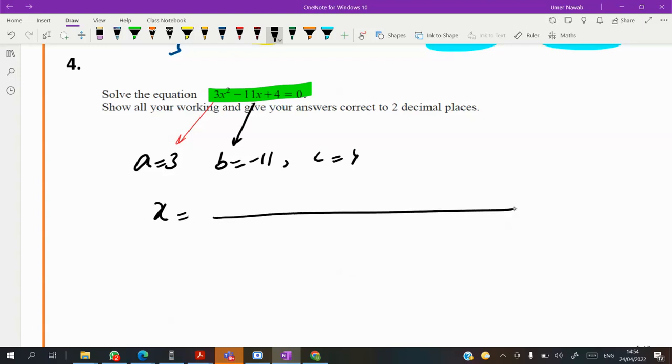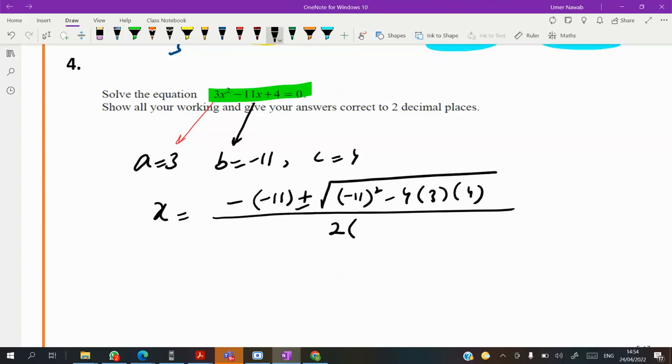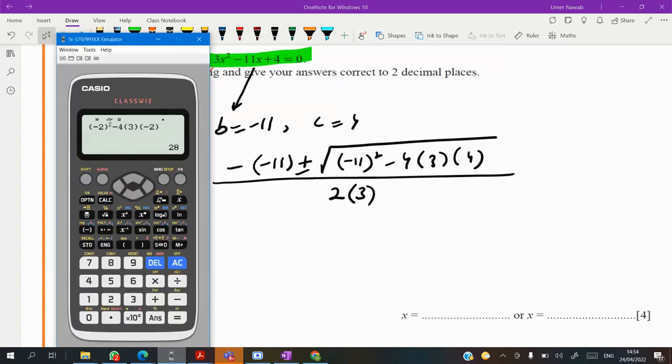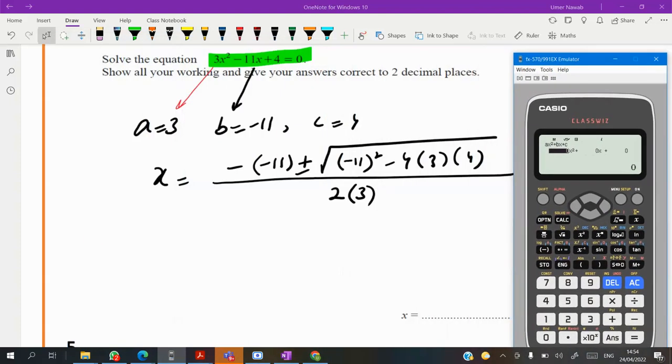Quadratic formula: minus minus 11 plus minus the square root of minus 11 squared minus 4ac, where c is 4, over 2a. And now we use the calculator. Go to the equation mode. What were our a, b, c? 3, negative 11, and then 4.